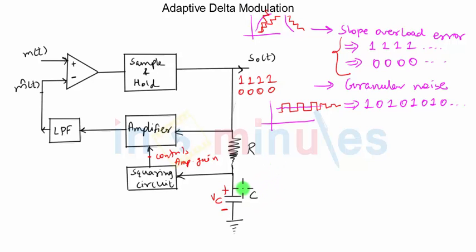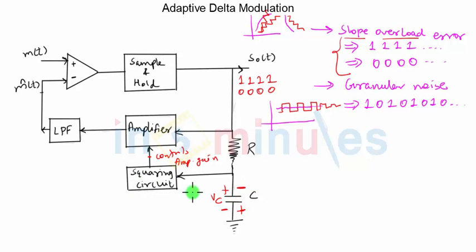So the new polarity of voltage will be minus on the upper plate and plus on the lower plate, and because of this we are putting the squaring circuit here. Even when the voltage across the capacitor is of opposite polarity, a continuous stream of logic 0 still corresponds to the slope overload, and I still have to increase the step size of MCAP-T. And for this reason my input to the amplifier should still increase.